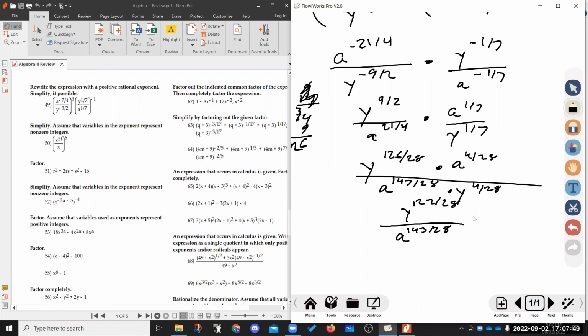So the top is going to be 61 over 14. And the bottom is going to stay 143 over 28. There we go.